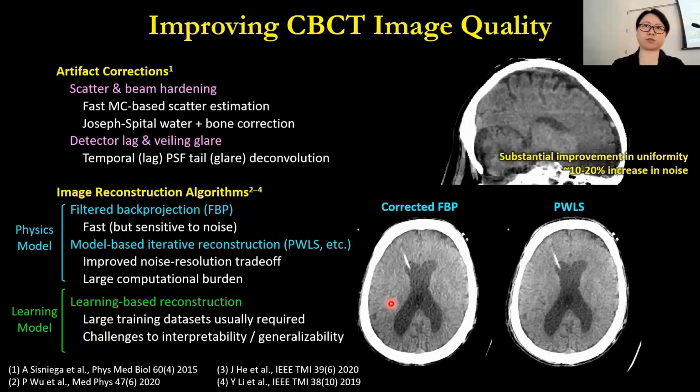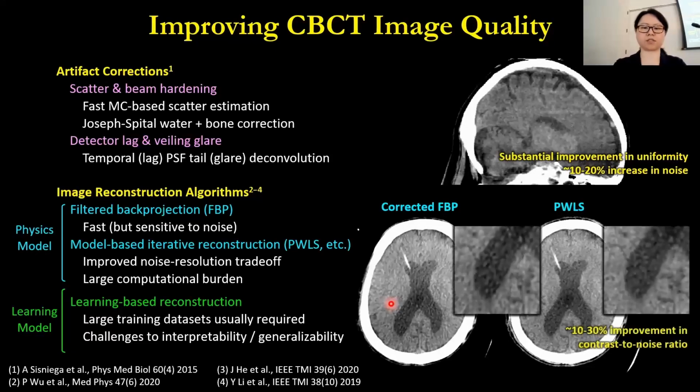Model-based iterative reconstruction methods can provide improved resolution-noise trade-off, and also contrast-to-noise ratio, but can be time-consuming and limited by the underlying physics model. Learning-based methods open up new opportunities to improve image quality in a timely manner, but often require a large set of training data to ensure generalizability.